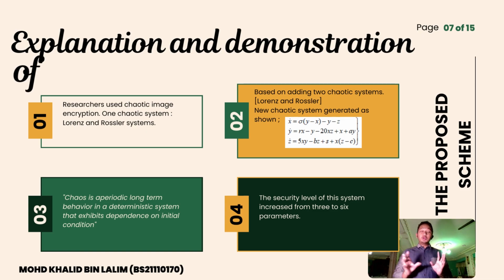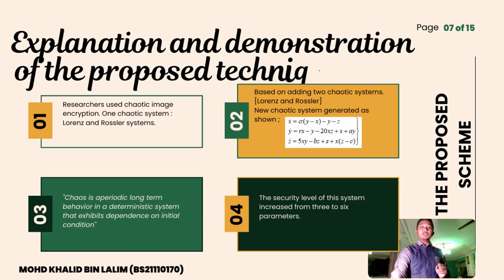Okay, so we move to the next topic, which is the explanation and demonstration of the proposed technique, the proposed scheme in this journal. Most researchers use chaotic image encryption with one chaotic system, which is the Lorenz or Rossler system.